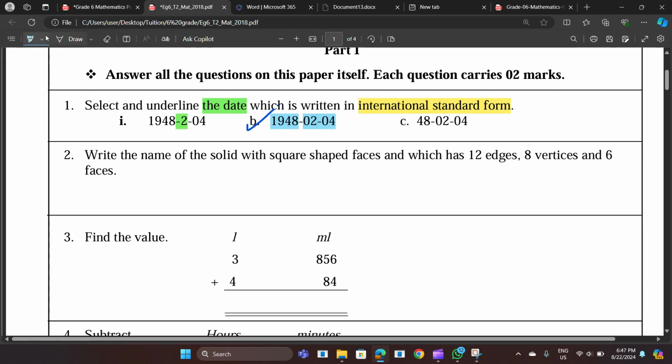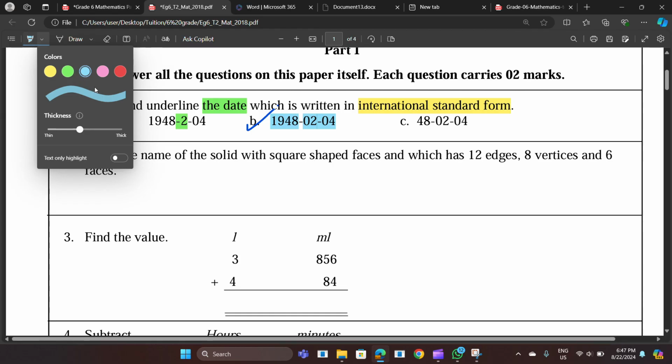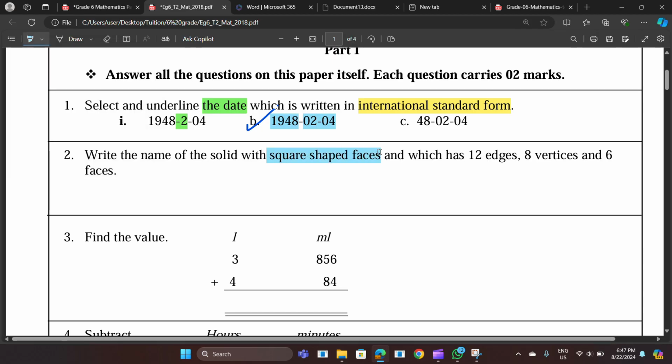So, what are the information have given? What are the information? Square-shaped faces, and which has 12 edges, 8 vertices, and 6 faces.